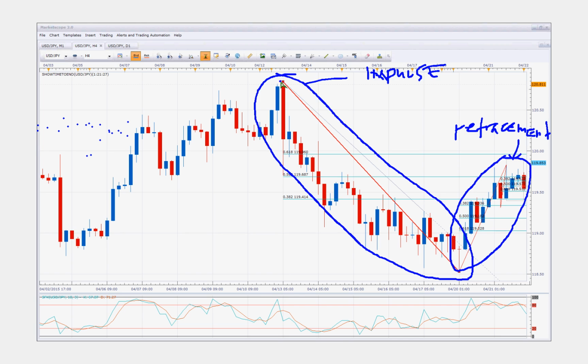This impulse is also the retracement of this impulse.